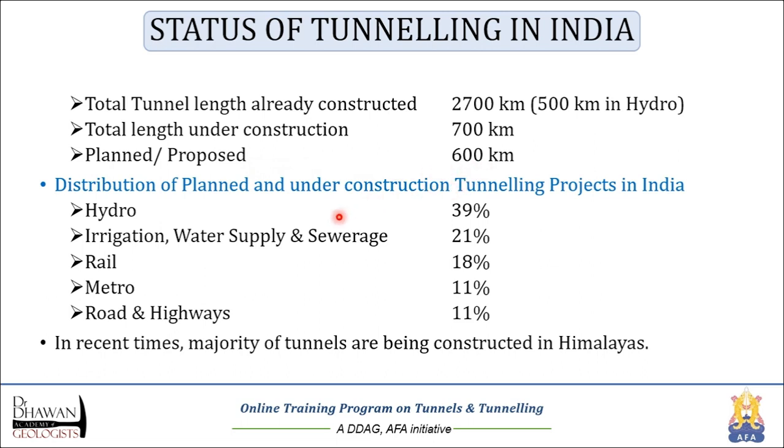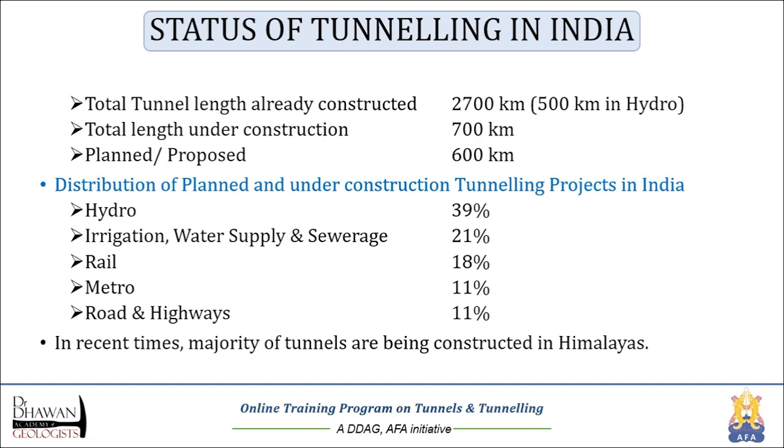Sector-wise distribution of planned and under construction tunneling projects in India is as follows: hydro 39%, irrigation, water supply and sewage 21%, rail tunnels 18%, metro tunnels 11%, road and highways 11%. In recent times, construction of many long tunnels have been taken up in the Himalayas.